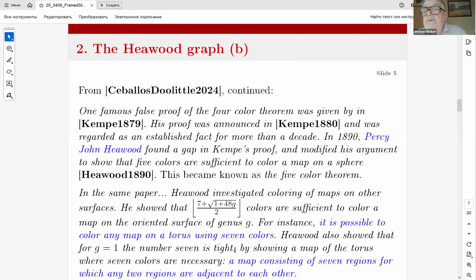I was unable to reproduce it. Suffice to say that he realized this embedding in some terrible curved figures.